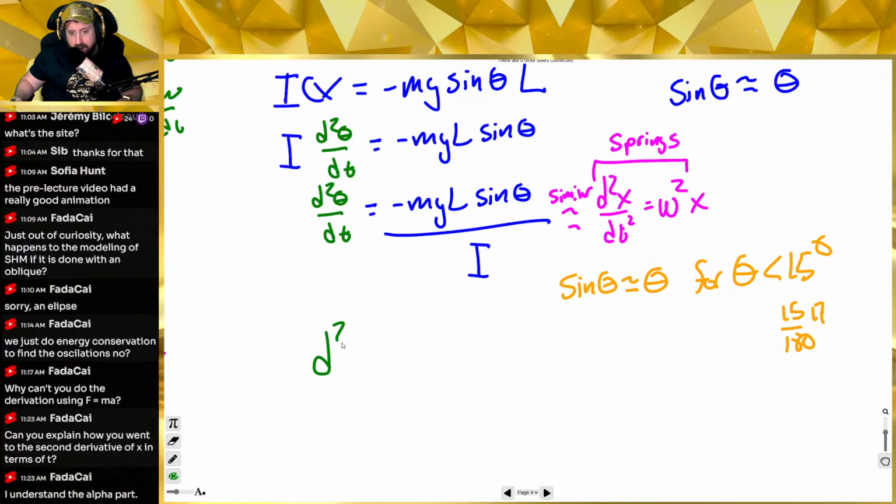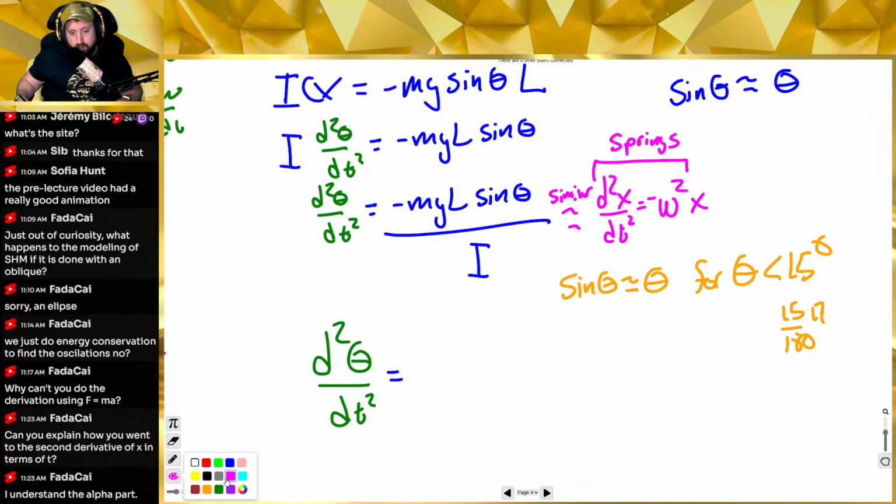Because, watch, now I have d squared theta dt squared is equal to, oh, and this was negative omega squared x, sorry. Yeah, always forget the minus signs. Or don't forget the minus signs, but it happens.